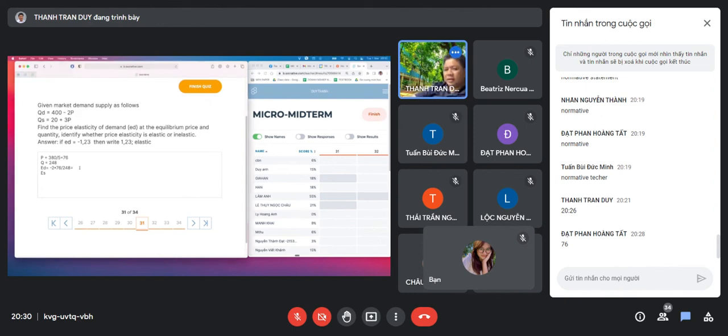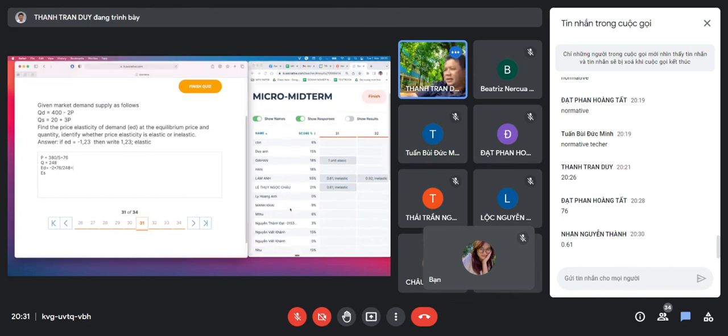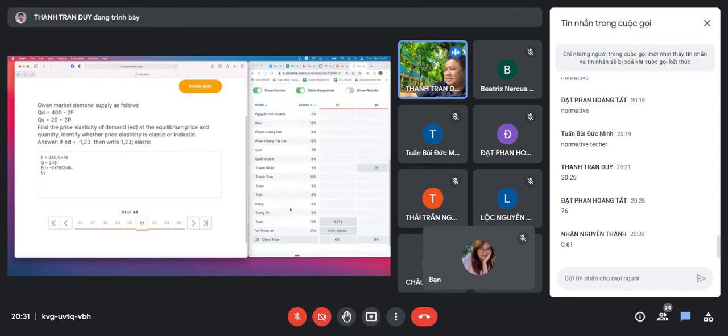It will be how much? 0.61 and inelastic. We have only a two-digit number, right?